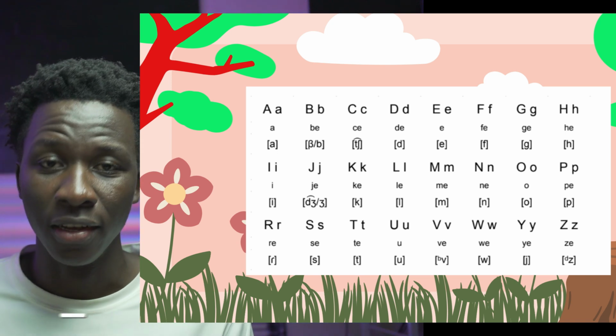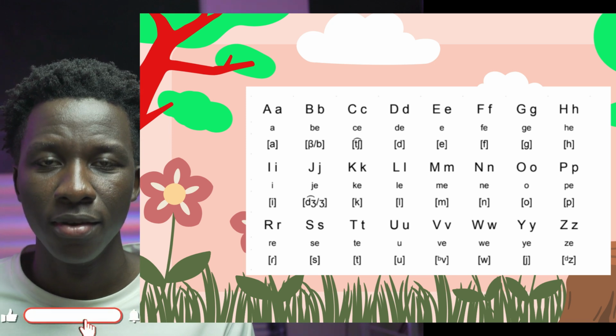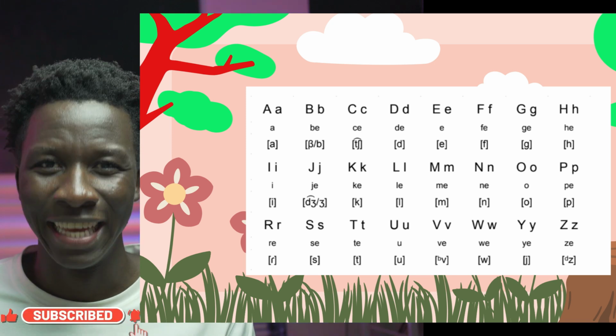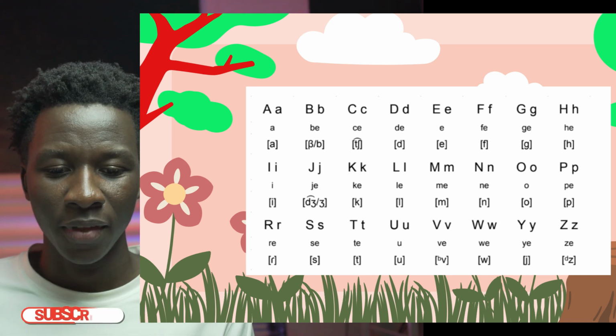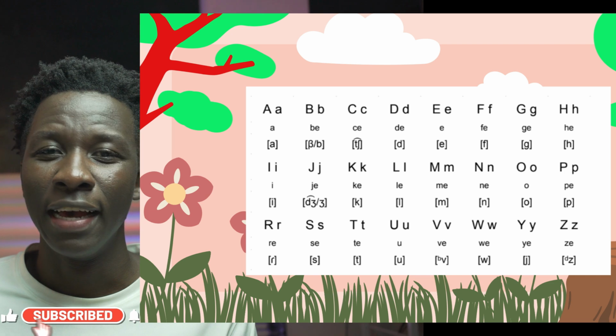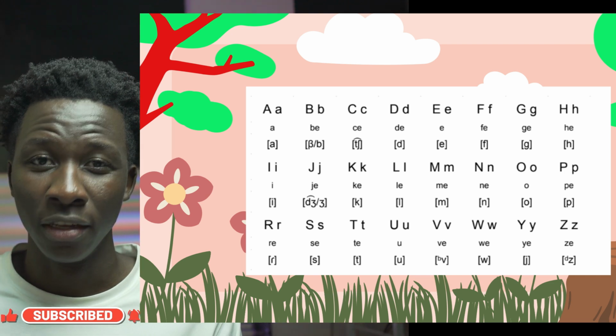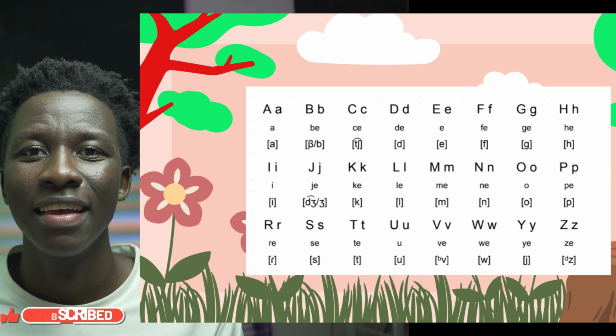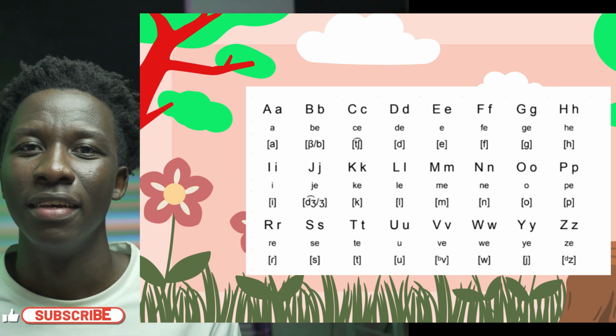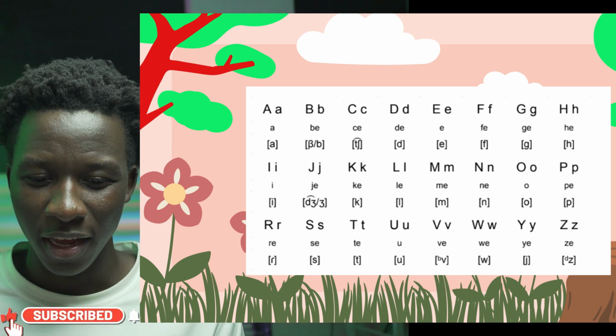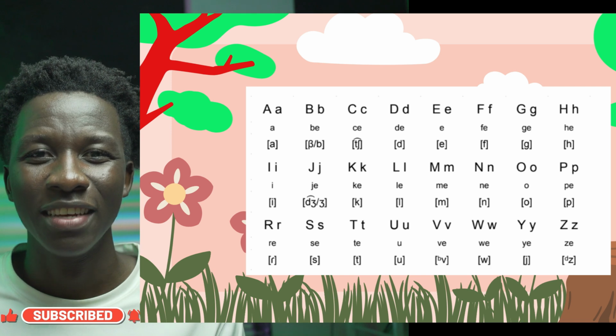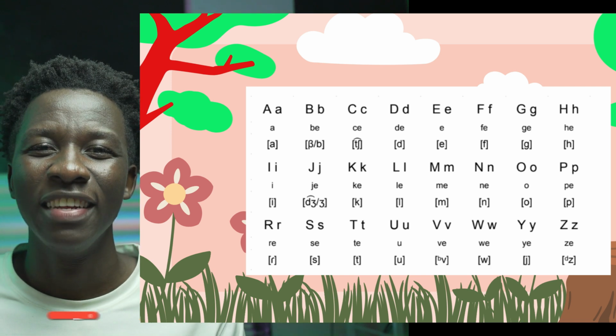In English we say R, but in Kirundi we say re. In English we say S, but in Kirundi we say se. In English we say T, but in Kirundi we say te.